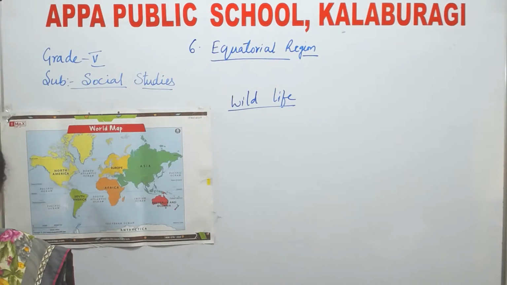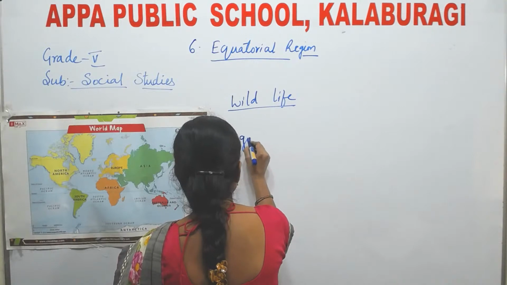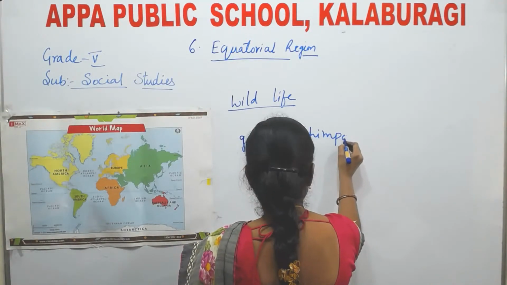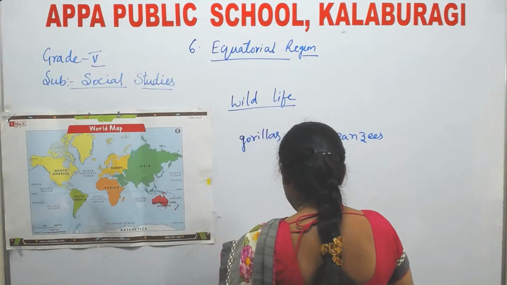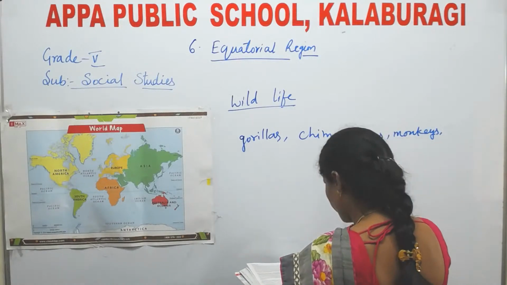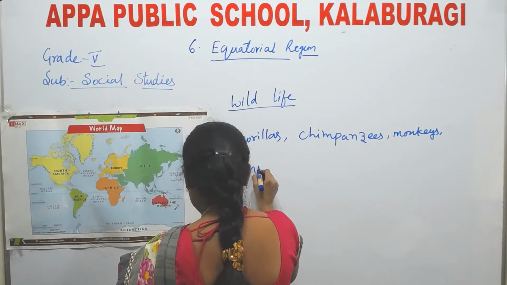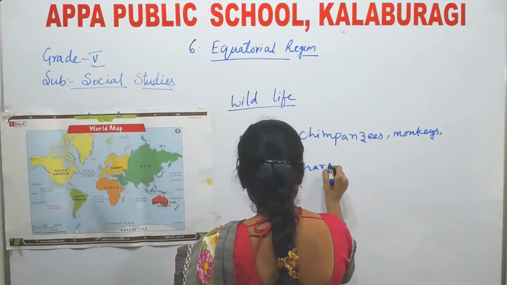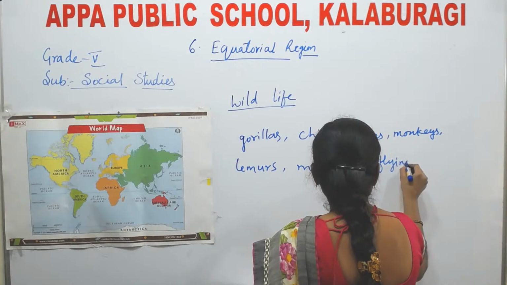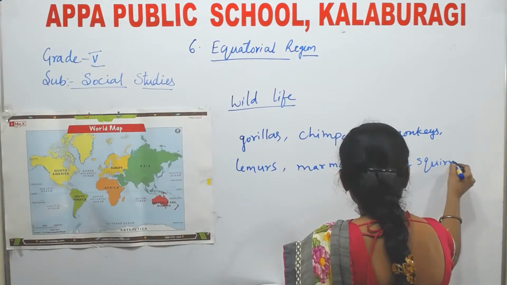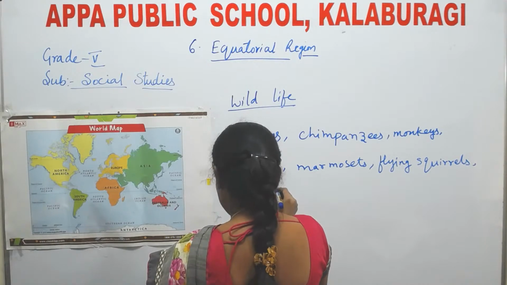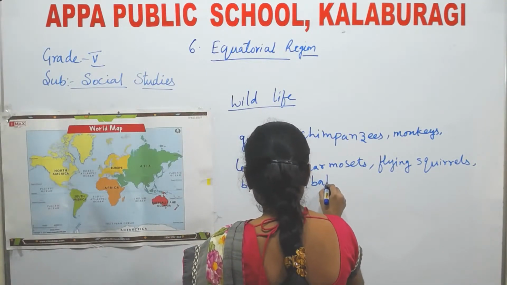Let us see now. Mammals like gorillas, chimpanzees, monkeys, lemurs, marmosets, flying squirrels, bats, and baboons.